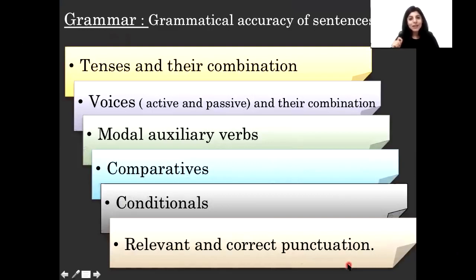Just a comma marked at an irrelevant place changes the meaning of a sentence. In this, you can also fetch good marks if you use the combination of simple and complex sentences. You're not judged on the number of mistakes made here, but how effectively do you communicate your ideas?